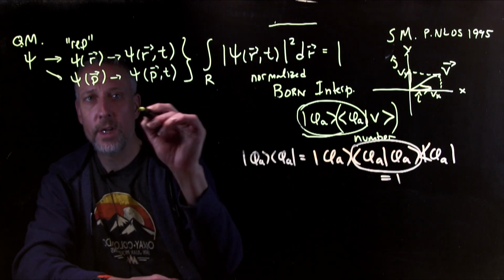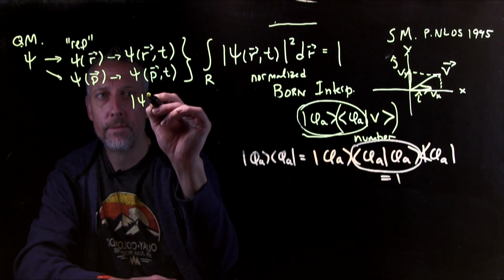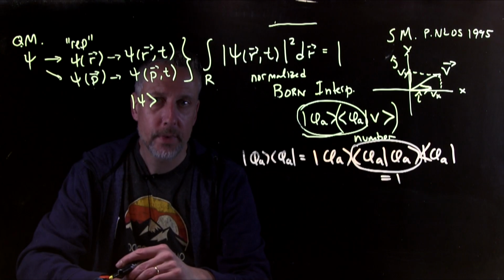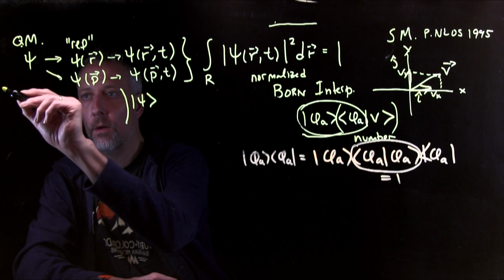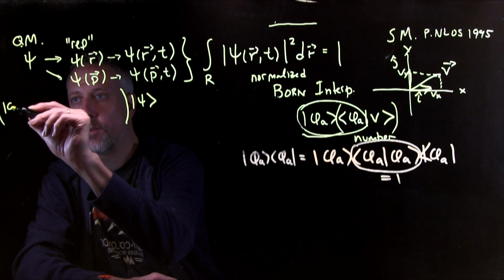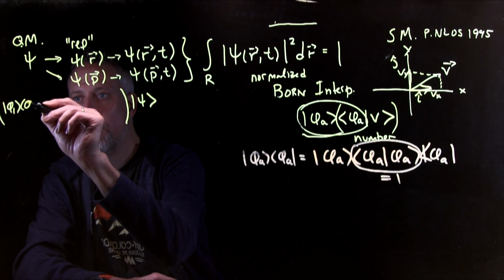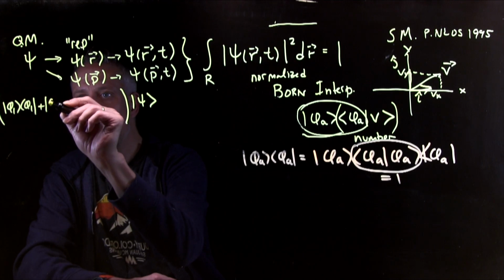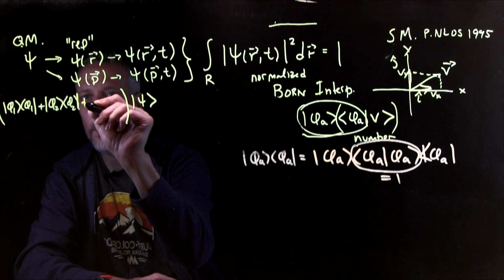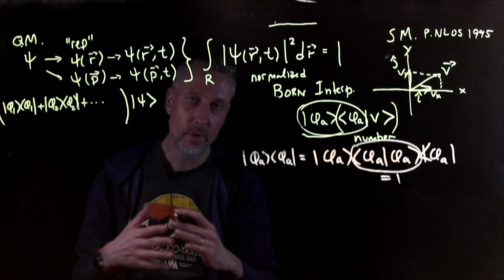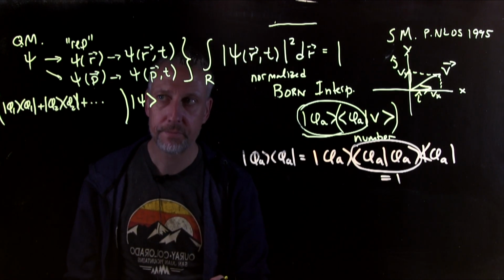But let's imagine we have an input vector, and we operate on it with all of them. How am I going to do that? I'm going to write phi 1 plus phi 2, and so on. Now, there might be an infinite number or a finite number of them.